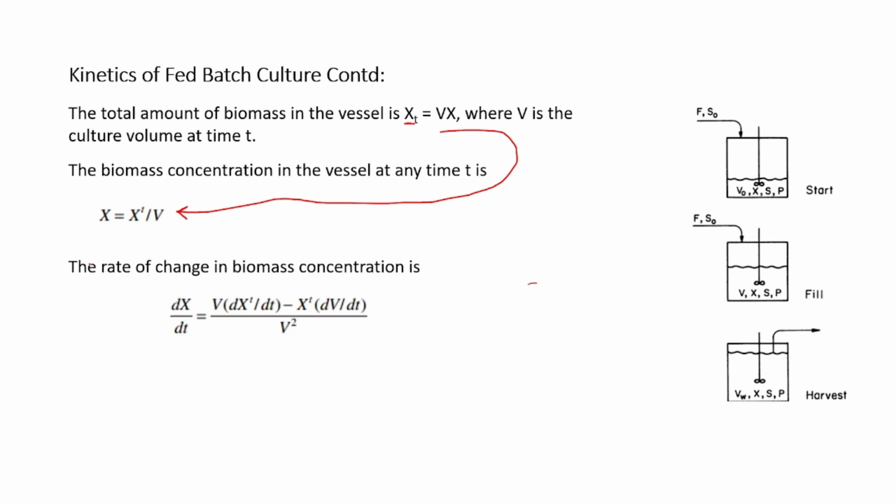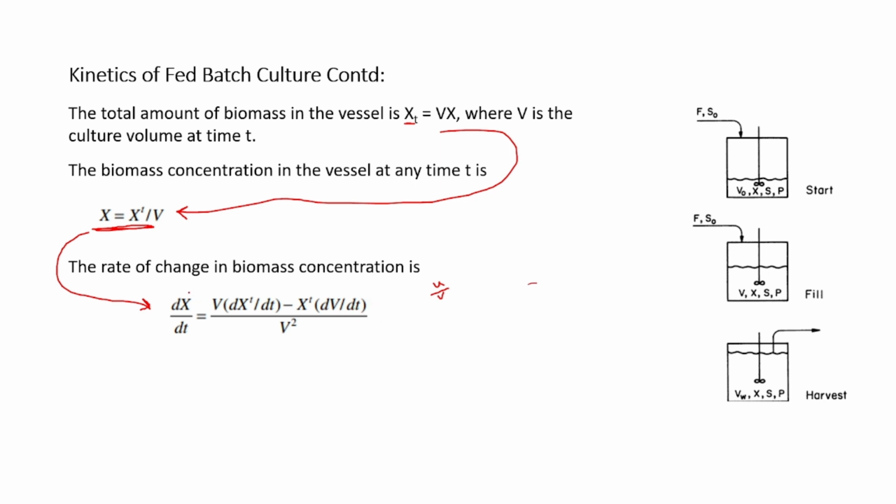So this expression we have seen. We are just differentiating this expression with respect to time. Okay, we are applying the u by v rule of differentiation. So dX/dt is equal to V into dXt/dt minus Xt into dV/dt, whole divided by V square.